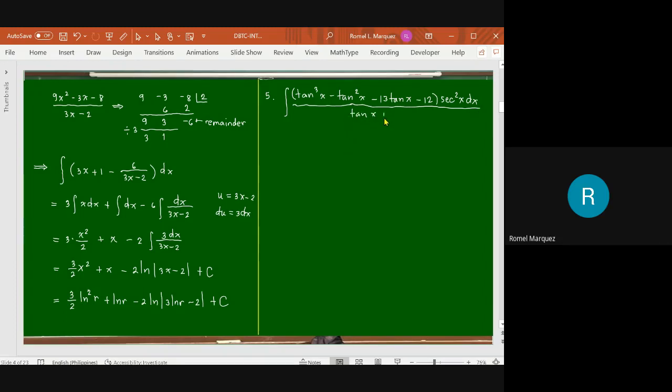The 2 here is not part of the tangent, so it is like 2 plus tangent x.